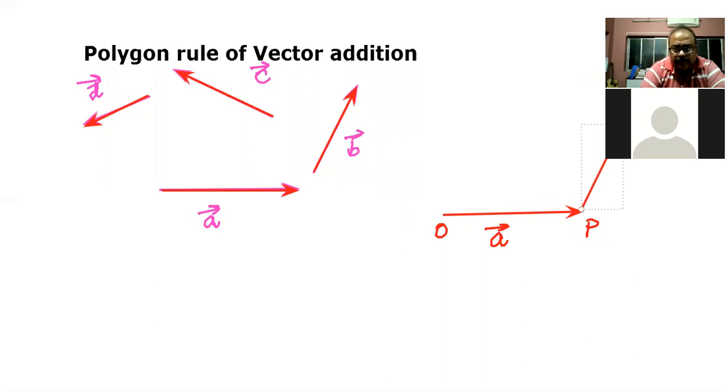Can you see? When I move the vector in space parallelly, its magnitude and direction remain unchanged. Similarly, I place it at the tip of this OP vector, that is, at the head of the OP vector. So this will be my b vector.